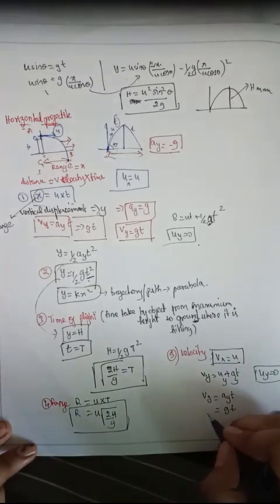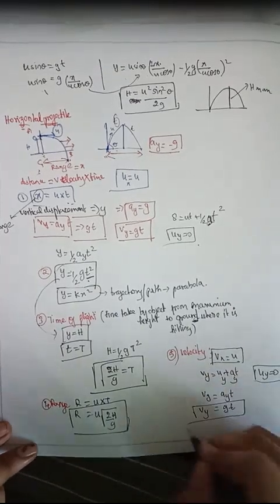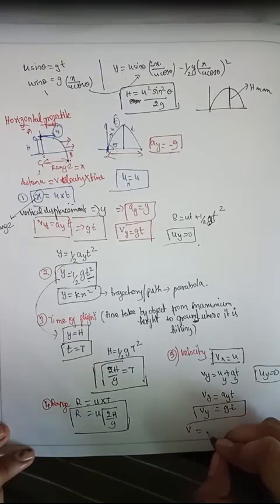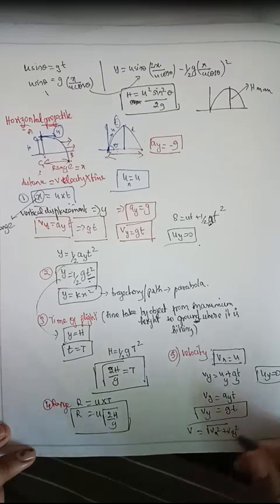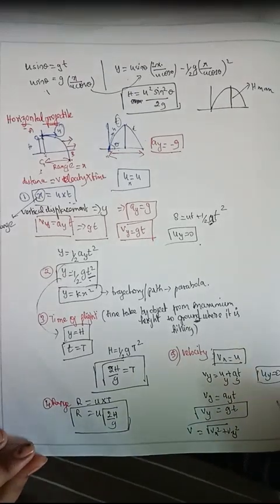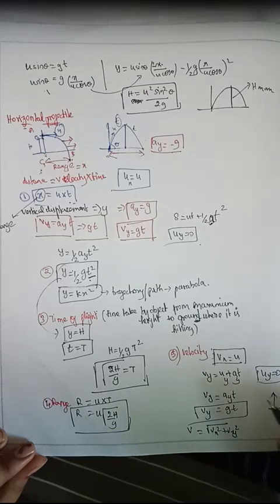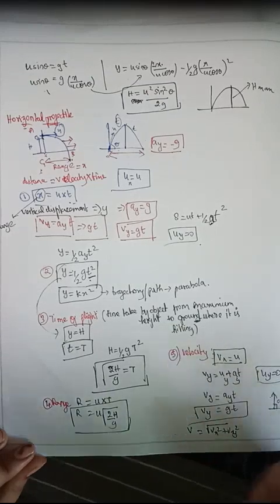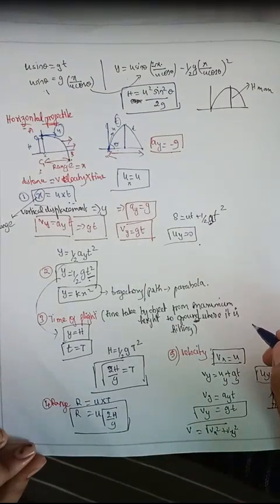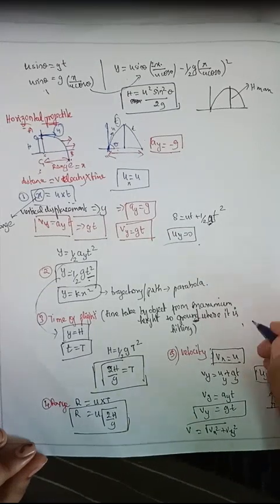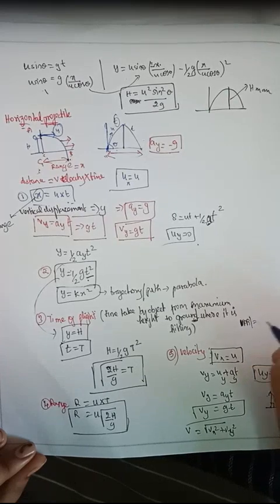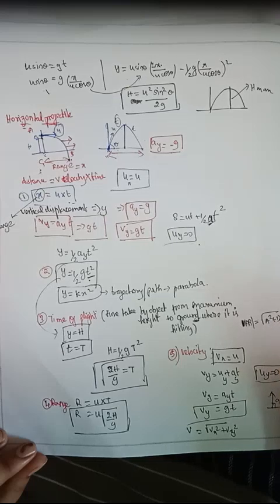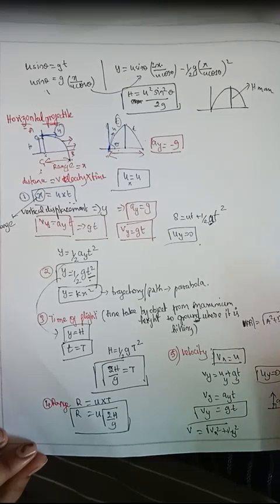The general equation of the velocity is square root of Vx square plus Vy square. Why are we writing it like this? Because the x axis and y axis have an angle of 90 degrees between them. For any two vectors, the resultant is square root of a square plus b square plus 2ab cos theta.